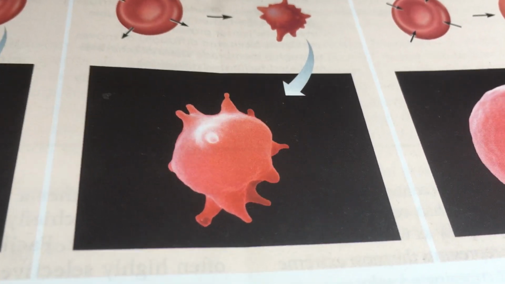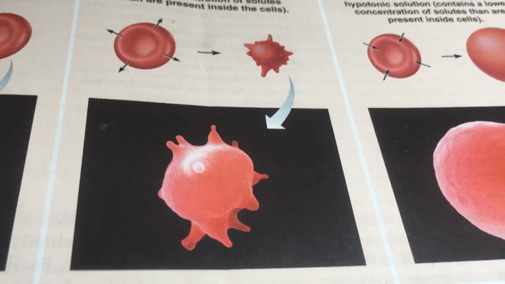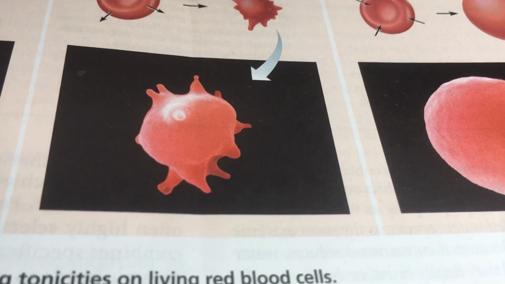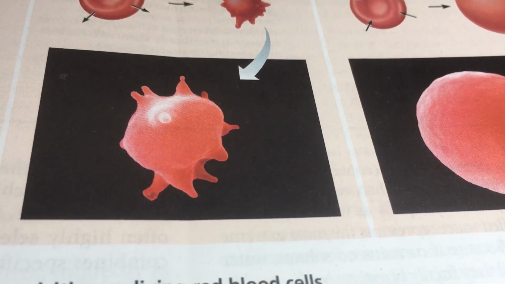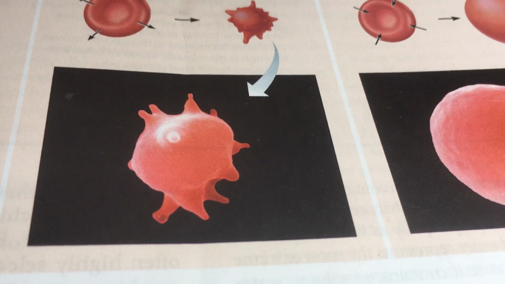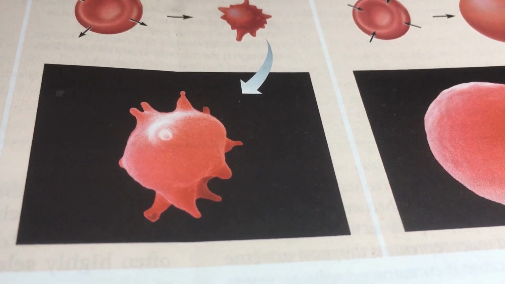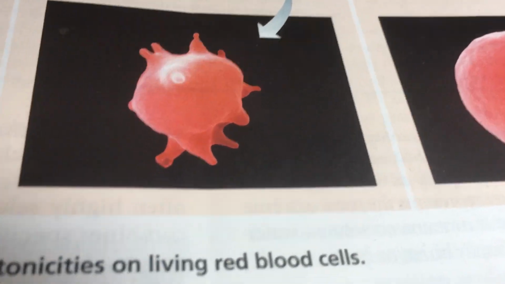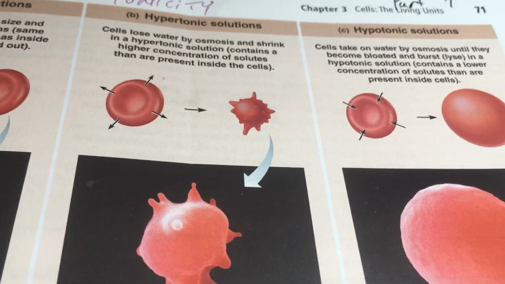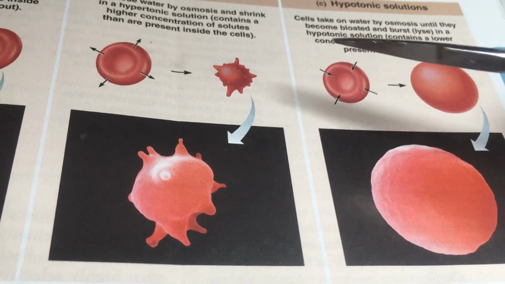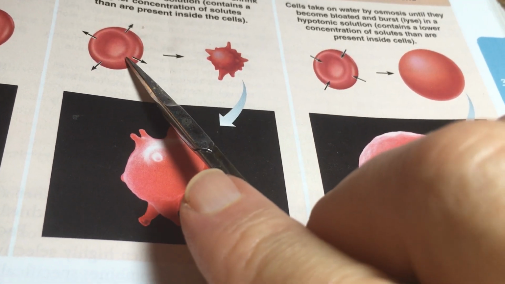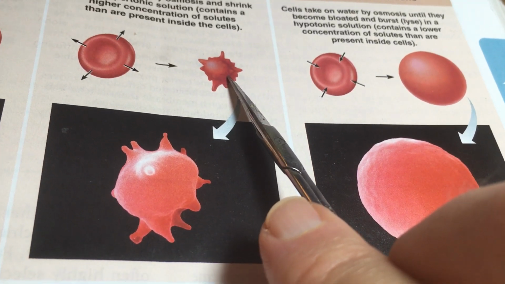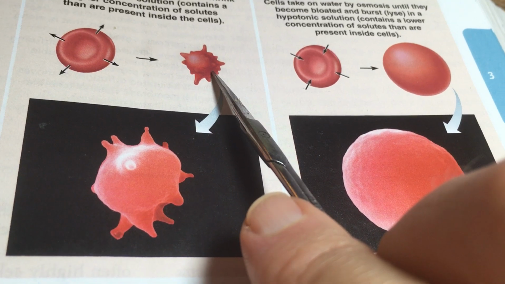Okay, so if you were to put your carrot sticks or your celery sticks into a hypertonic solution that might be very salty and spicy, then the water from inside the cells within the carrot or the celery will leave, and we'll get this shrunken sort of looking cell right here, where it's gone from this nice relaxed full state to this very shrunken size. It's diminished. The water has left.